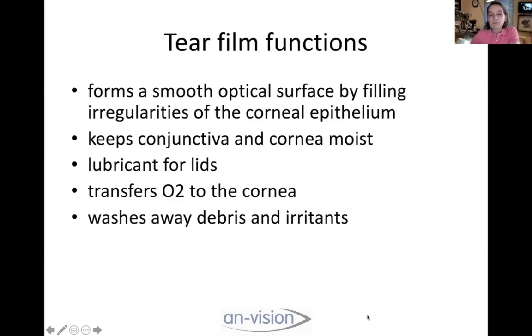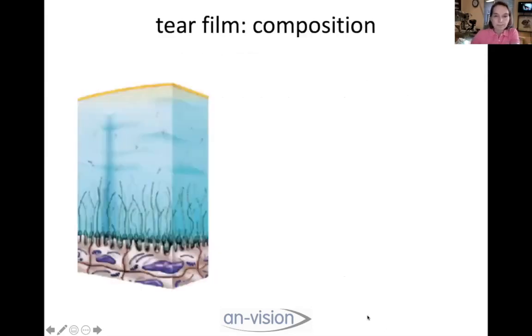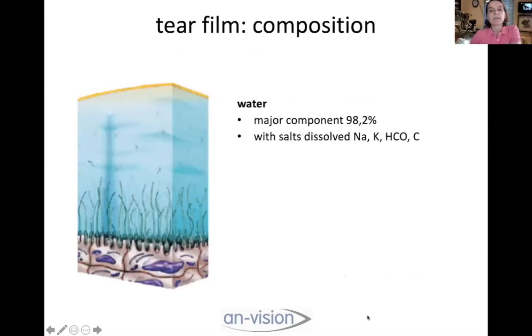It washes away debris and irritants, and it prevents the cornea and the conjunctiva from infections. Also, if you think about how white blood cells get into the game, it provides the pathway for that as well. So the tear film is composed of mainly water.